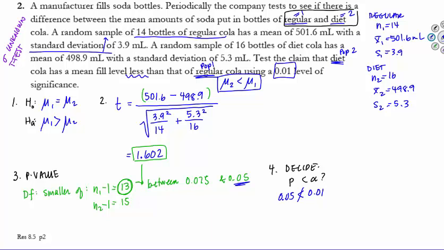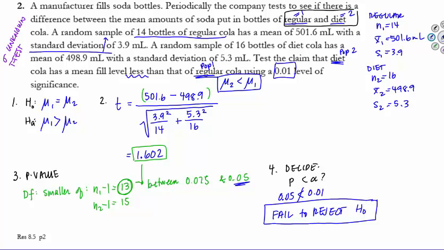So no, there's not sufficient evidence to support the alternative hypothesis, or we can say that we fail to reject the null hypothesis. There's not sufficient evidence from this test to claim that there's a difference in fill levels, or that diet cola has been filled less than regular cola.